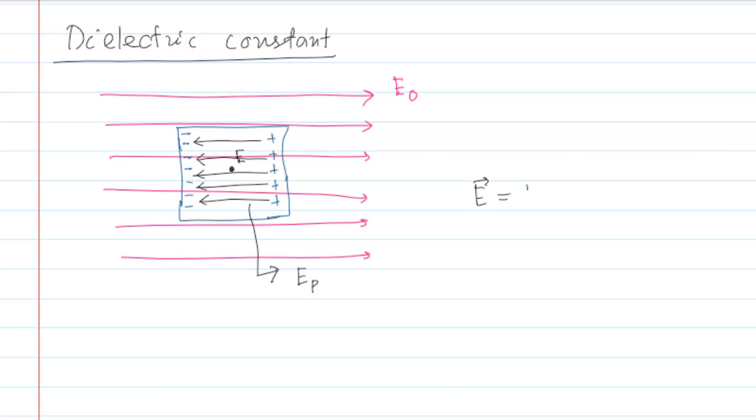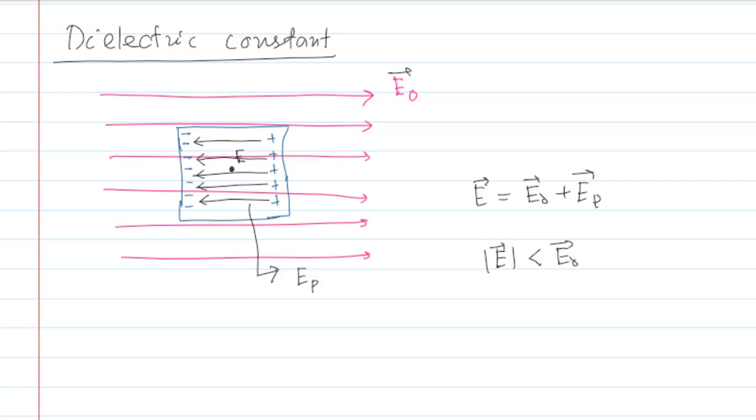E vector is equal to E naught vector plus EP vector. Maybe you are thinking that I should give a negative sign, right? But here I have written E naught vector plus EP vector, where EP vector is a negative thing, since its direction is opposite to the direction of the applied electric field. So the magnitude of E vector will be less than the magnitude of E naught, right? Because we are subtracting EP, because EP is in the opposite direction.